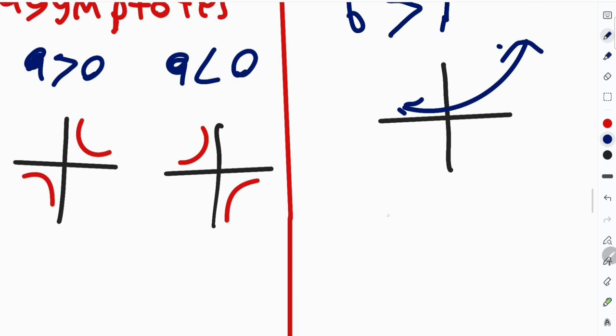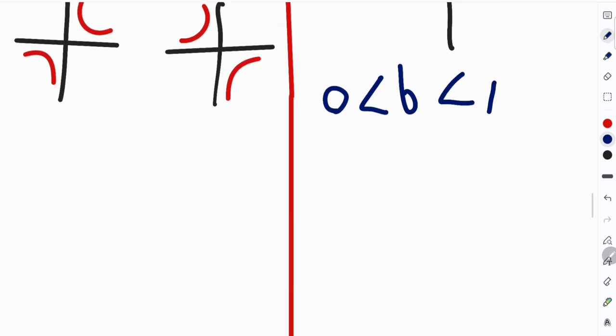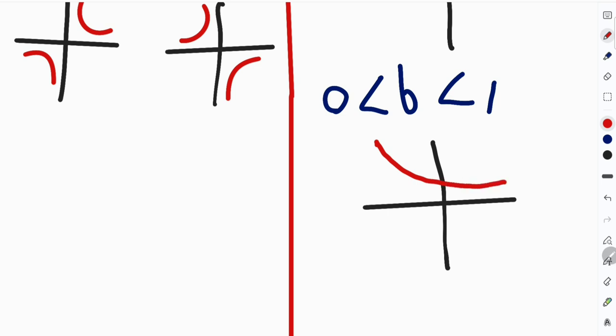But if your b is between 1 and 0, then this would be the shape of your graph.